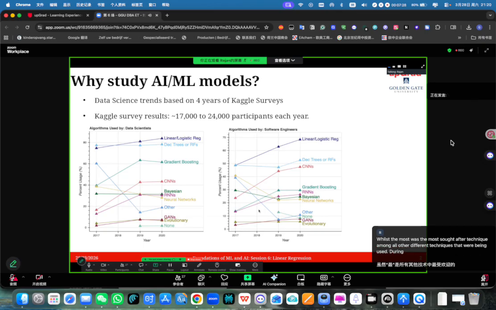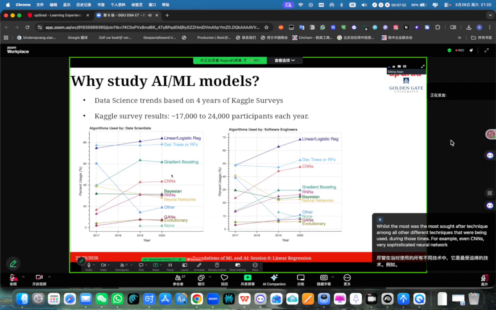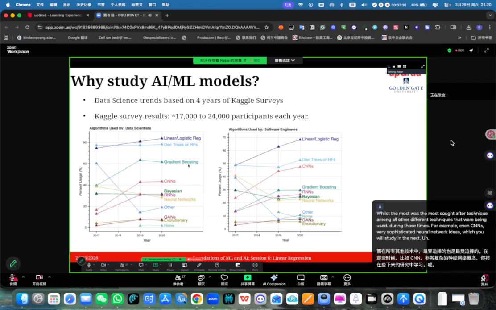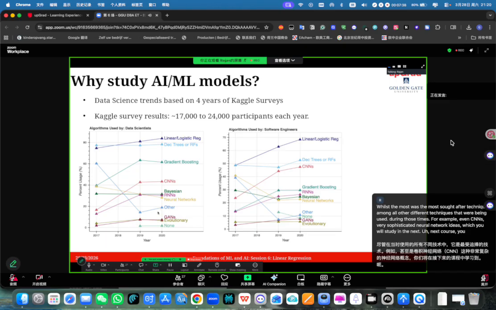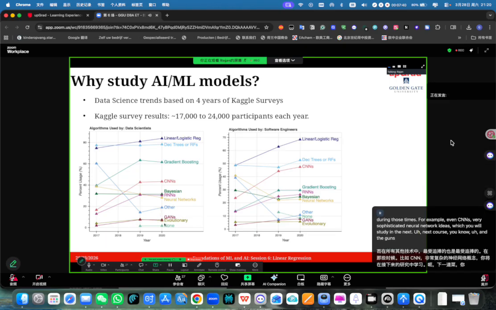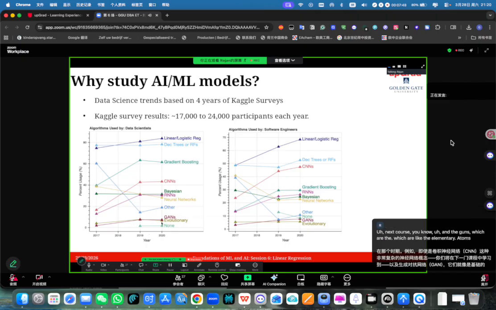For example, even CNNs, very sophisticated neural network ideas, which you will study in the next course, and GANs, which are like the elementary attempts at generative AI.